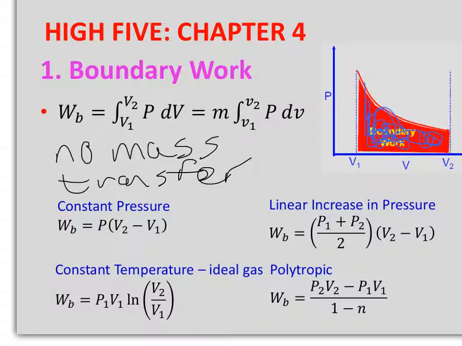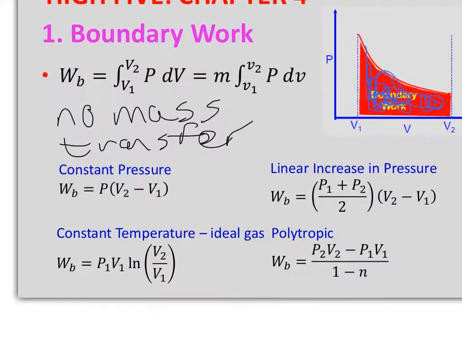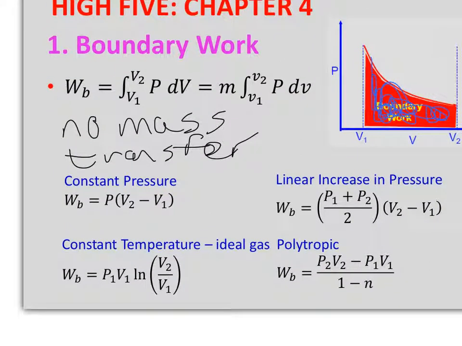With boundary work, one of the common things is constant pressure, and to find your work, it's your pressure times V2 minus V1, and that will give you your constant pressure work.